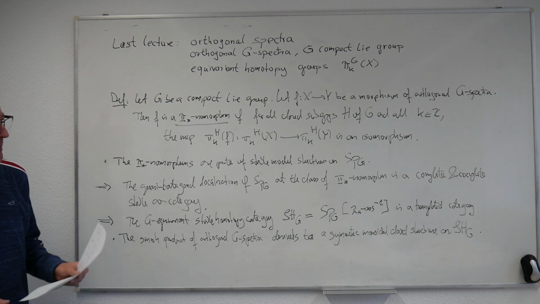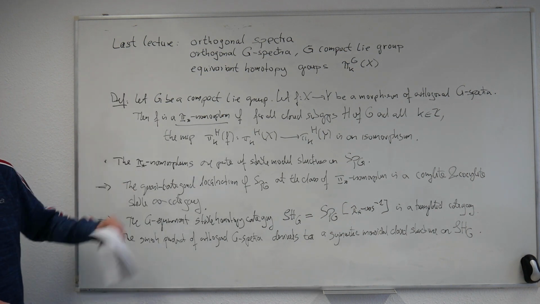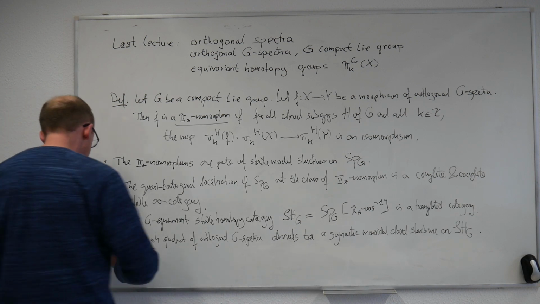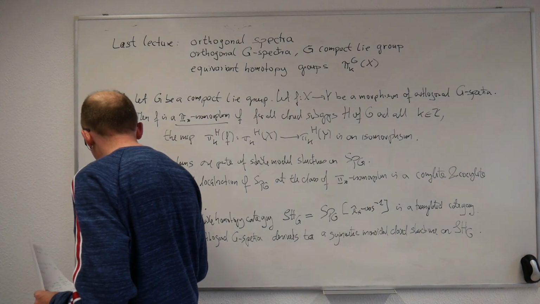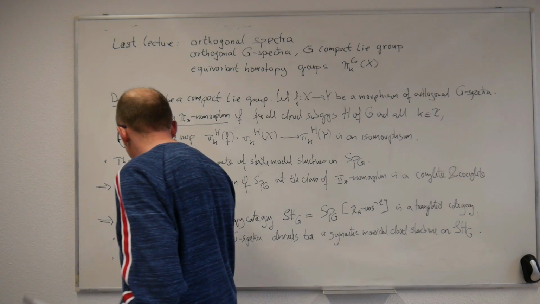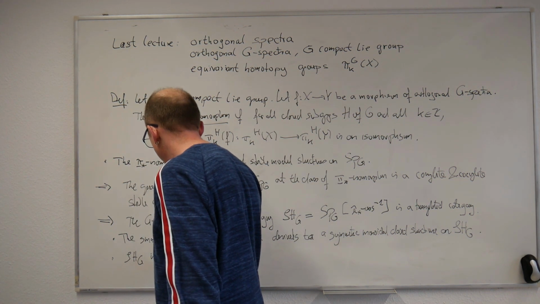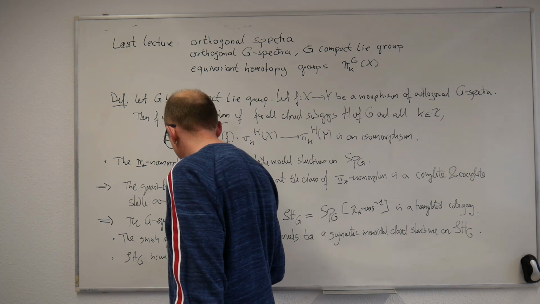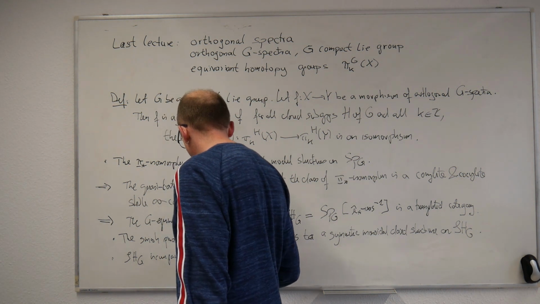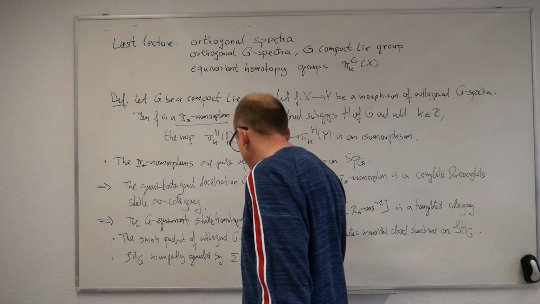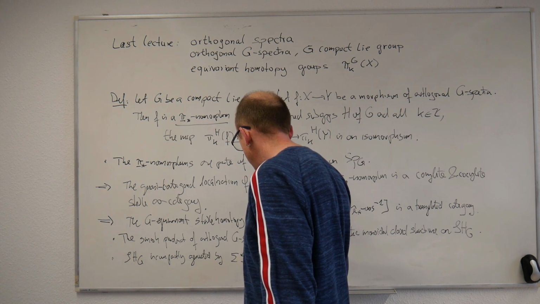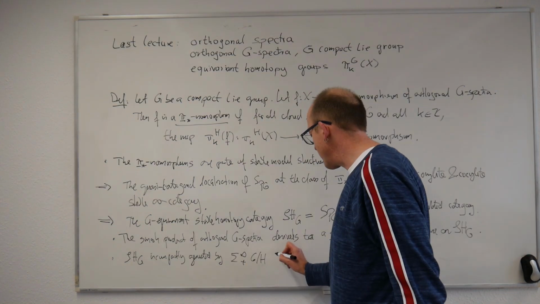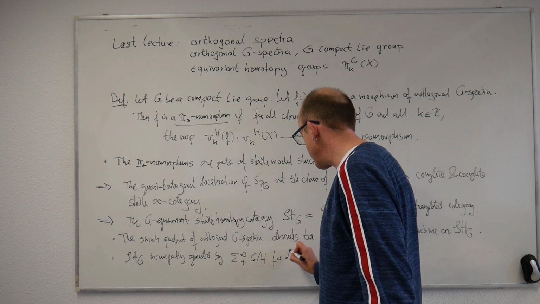And then one last property about the G-equivariant stable homotopy category, and this is that this triangulated category, SH sub G, is compactly generated by the suspension spectra sigma infinity plus of the homogeneous spaces G mod H for all closed subgroups H of G.